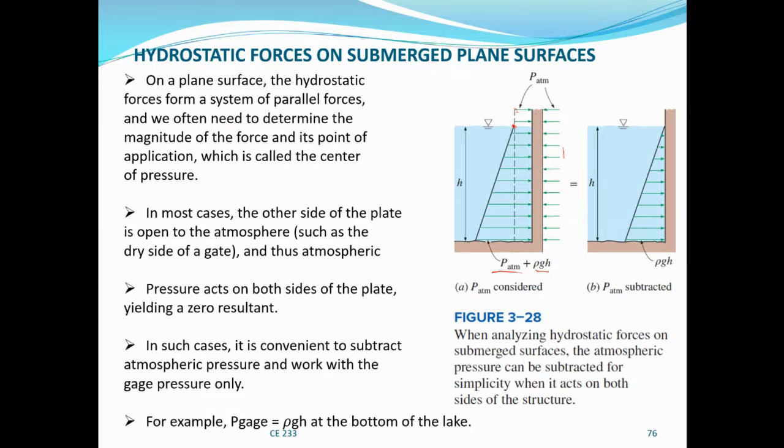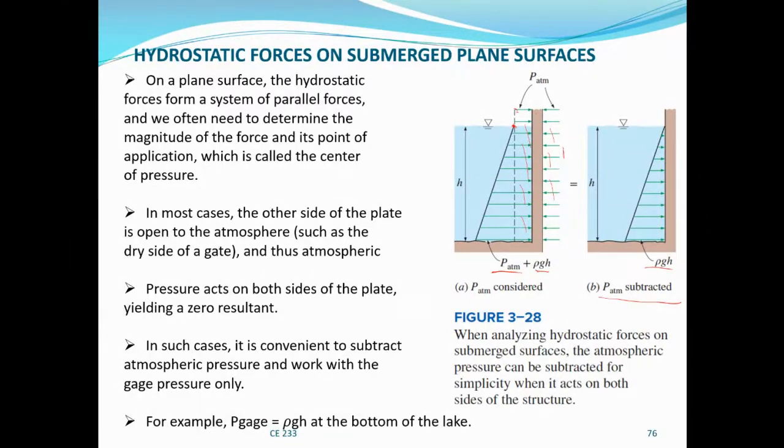So since the atmospheric pressures acting on both sides are equal and opposite, they cancel out and we can eliminate the atmospheric pressure. That's why here we remove the atmospheric pressure and use only the gauge pressure. So here we subtracted the atmospheric pressure, and this gives only the gauge pressure. That's the pressure above atmospheric.